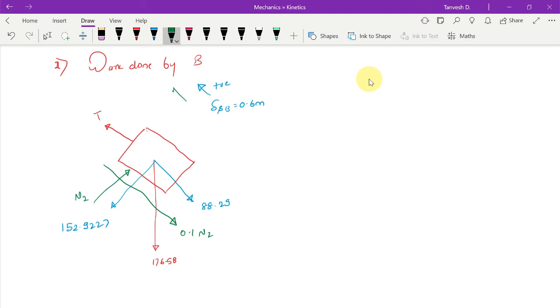Now summation Fy equals 0 will give me N2 equal to 152.9227 newtons. F mu, the frictional force, will be 15.29227 newtons.